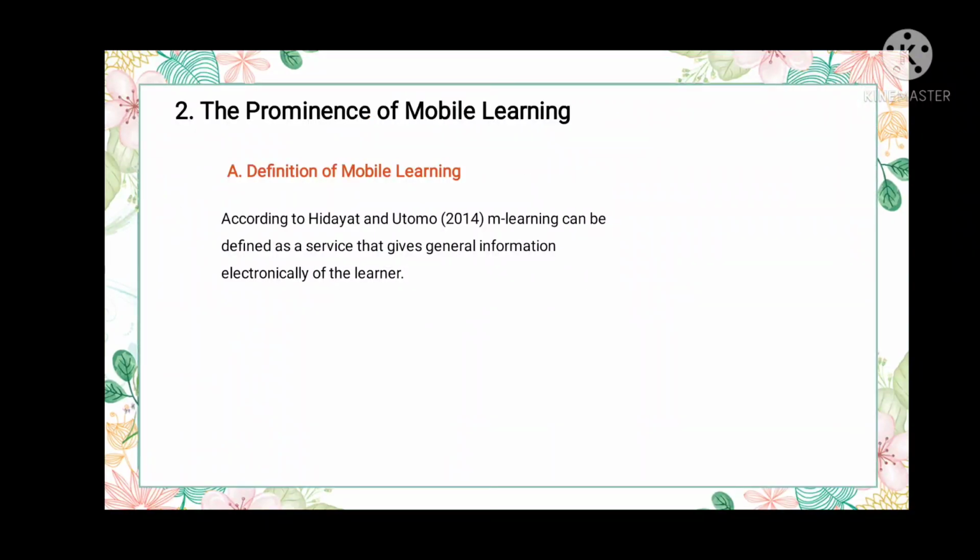The prominence of mobile learning. According to Hidayat and Utomo, in 2014, mobile learning can be defined as a service that gives general information electronically to the learner. The benefits of mobile learning. The first, mobile learning devices are portable and have the affordance to connect to the internet whenever needed.